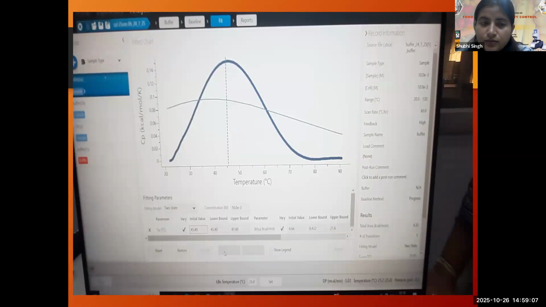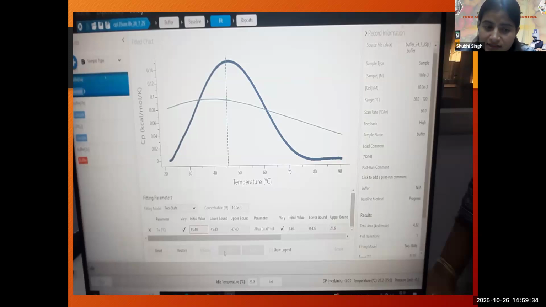It will provide different data, such as CP, the heat capacity, and the temperature as raw data, and you can plot it in Origin software. But in this system, it is already providing the data, so there is no need to plot it in Origin.